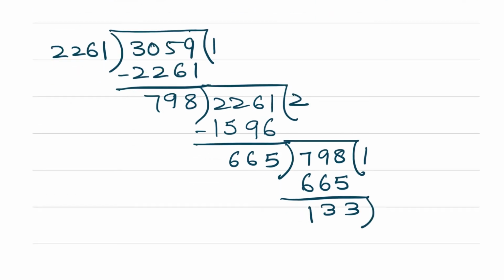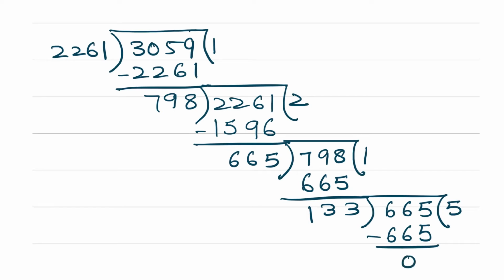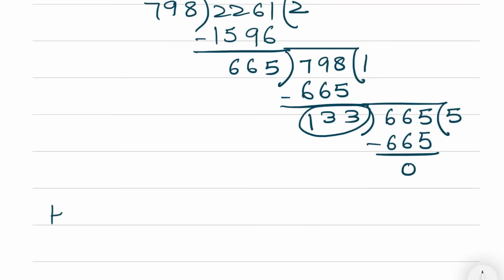Now dividing 665, which was the previous divisor, we get it 5 times 665. So subtracting we get 0. So HCF therefore is 133.